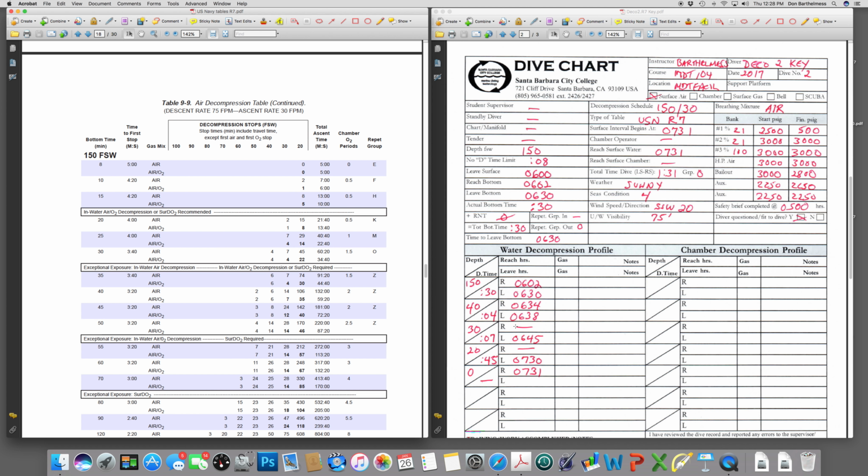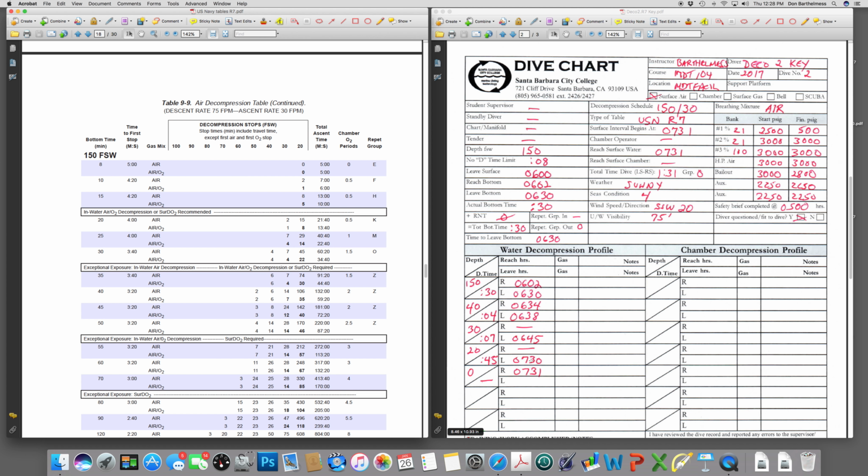In reality, we would reach our next stop 20 seconds later. We're traveling 10 feet times 2, that's 20 seconds. That's what time we should reach there, but we don't include that as part of the decompression data that we're writing on the chart. So leave at 6:45, and you're going to reach there, and you're going to leave that 20-foot stop 45 minutes later at 0730.